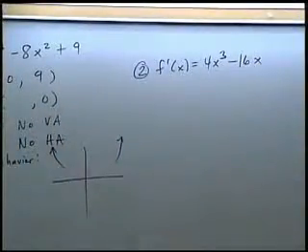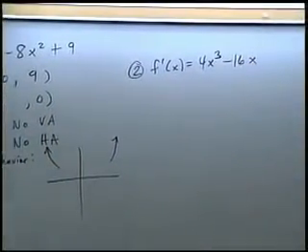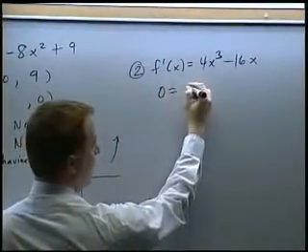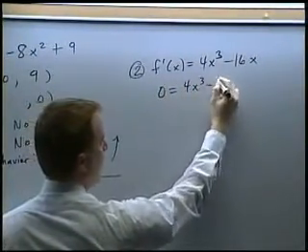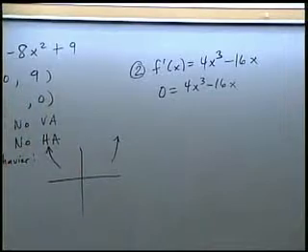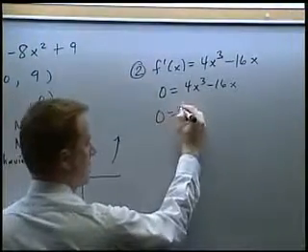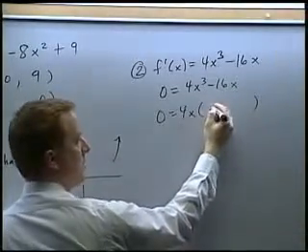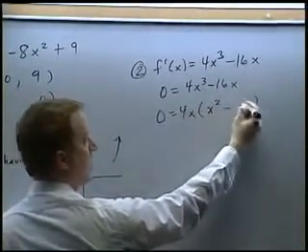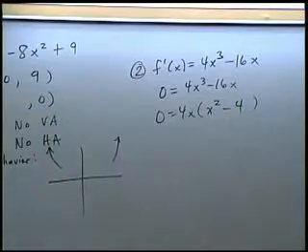So just a quick cubic function this time. We set this equal to 0 and look for factors. What can I factor out of this? Definitely take out a 4x. What's left? x squared minus 4.